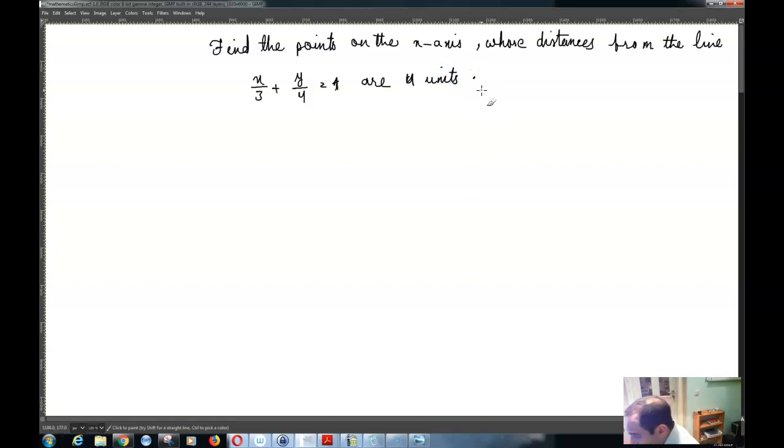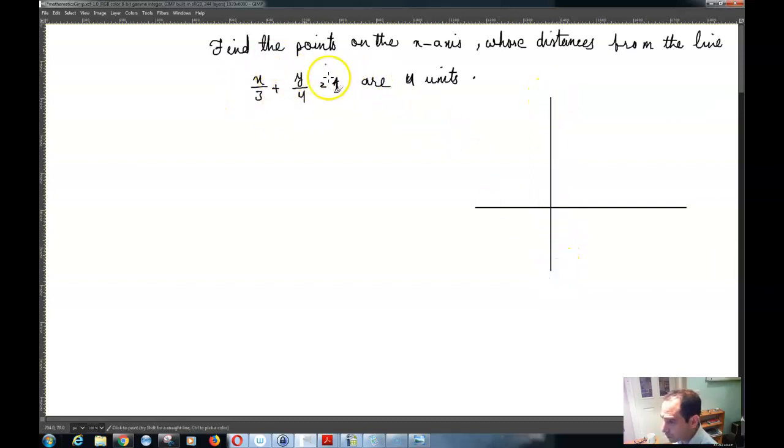So basically, the line that you have, of course I did talk about this example a little bit, but then I had to stop for a long while, and so I have to start over. So let's suppose that you have this line over here. About this line, you know that the x-intercept is 3 and the y-intercept is 4.